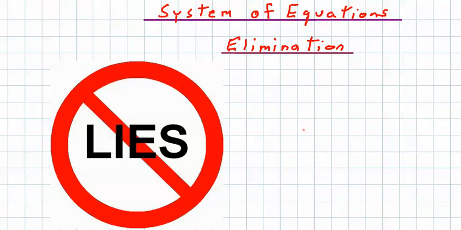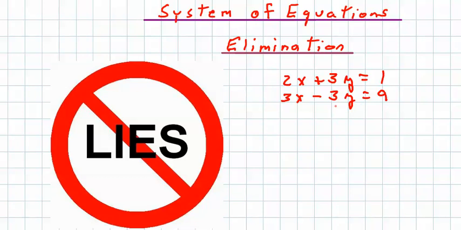Let's look at our equations. We have 2x plus 3y equals 1, and we have 3x minus 3y equals 9.